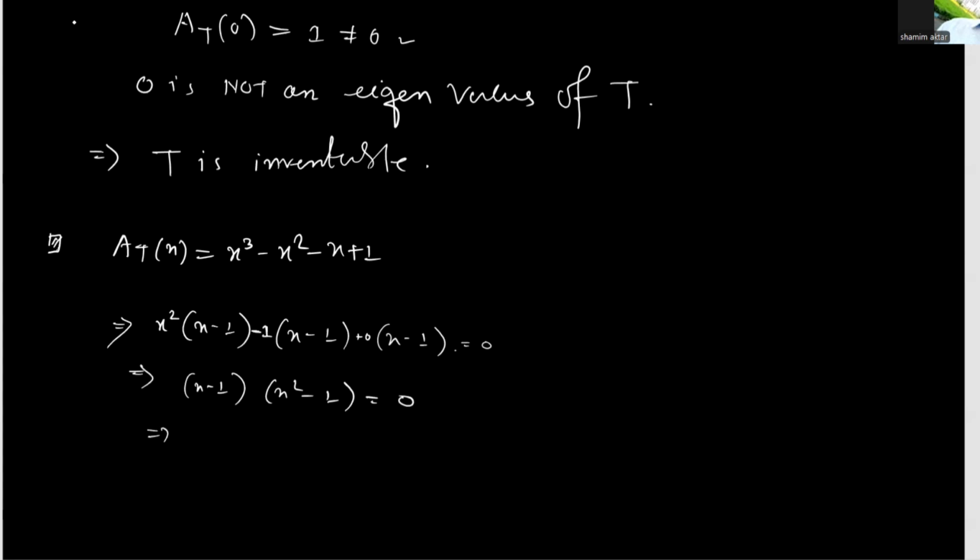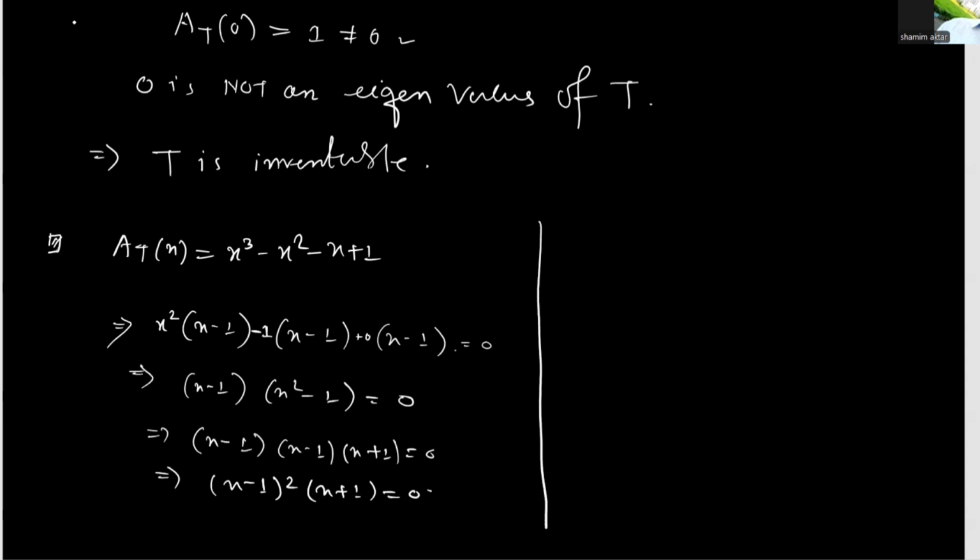So x minus 1 and x plus 1 equal to 0. So this implies x minus 1 whole square into x plus 1 equal to 0. All roots belong to the field, so the eigenvalues are minus 1 and 1.